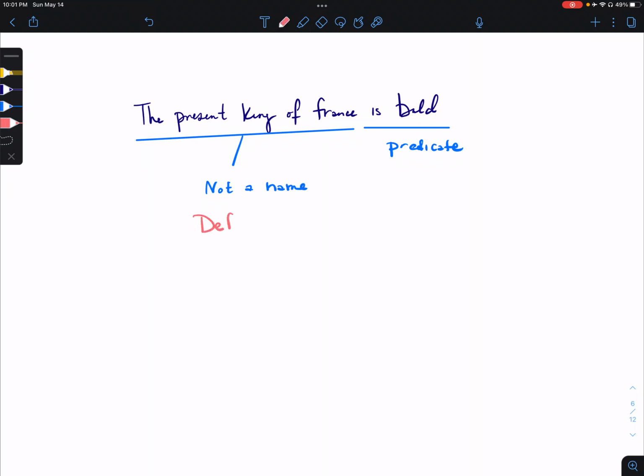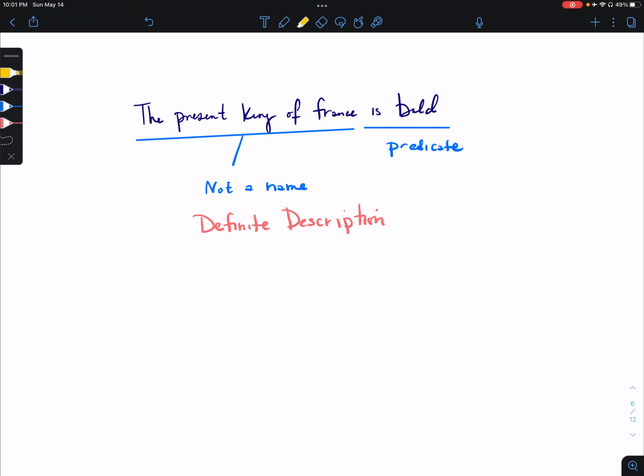It's a definite description. Okay, well, what's that? We'll get to that by the end of this video, and when we do, we will translate this sentence into our symbolic notation and then show that it doesn't violate the law of excluded middle.